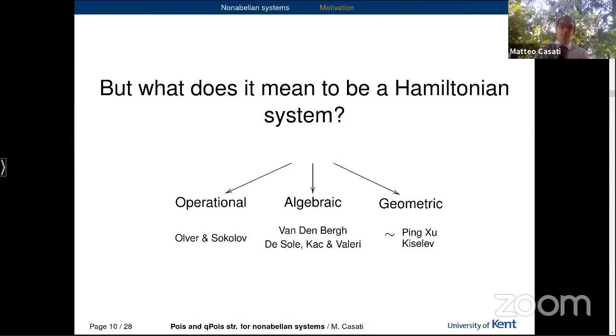So the point is that I've claimed that I want to see whether a system of this kind is Hamiltonian. And facing the question of what being a Hamiltonian system means here has had, in the last maybe 20 or 25 years, a bit of a long story. Historically, there is an operational way of discussing it, which is followed, for instance, by Olver and Sokolov.